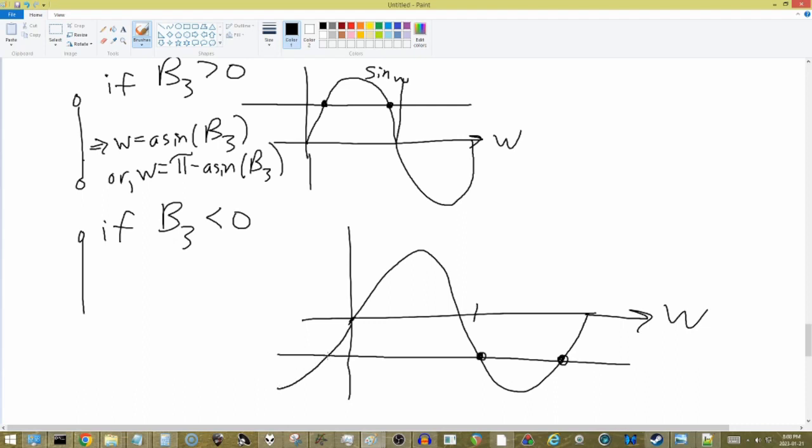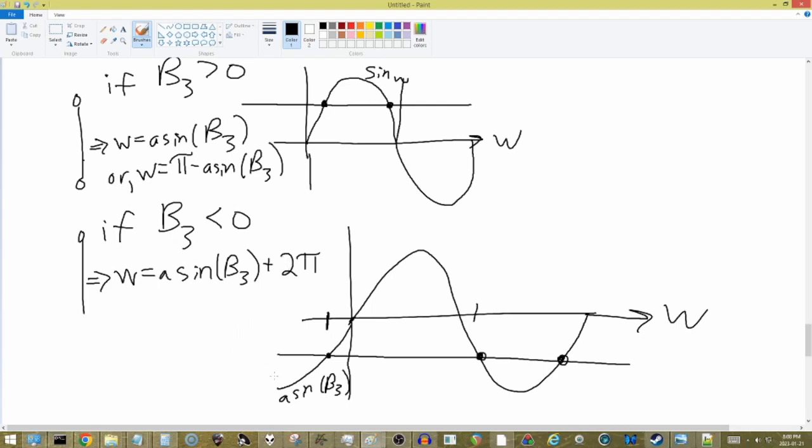So this value here would actually be the arcsine of b3. So think of it, it's this negative value here on the number line. But we want to add 2 pi to that, basically to get us over here. So one possible answer is w equals arcsine of b3 plus 2 pi.